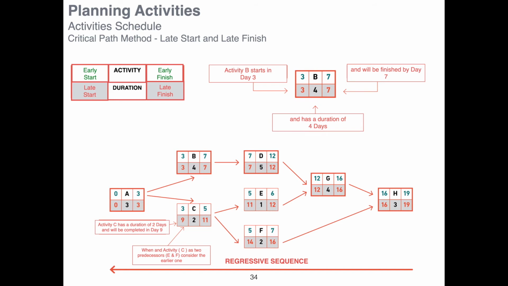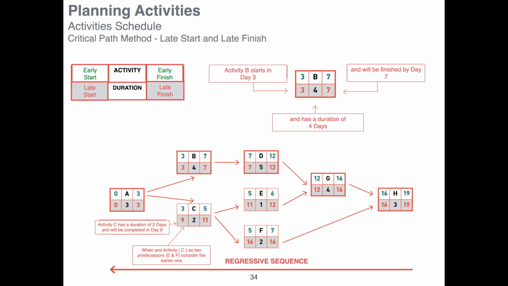But now we arrive at activity C, and activity C has 2 predecessors, E and F. Once you are doing the regressive sequence, you are trying to find the late start and late finish date. So whenever there are 2 predecessor activities, like C has E and F, we do exactly the opposite of what we have done on the linear sequence.